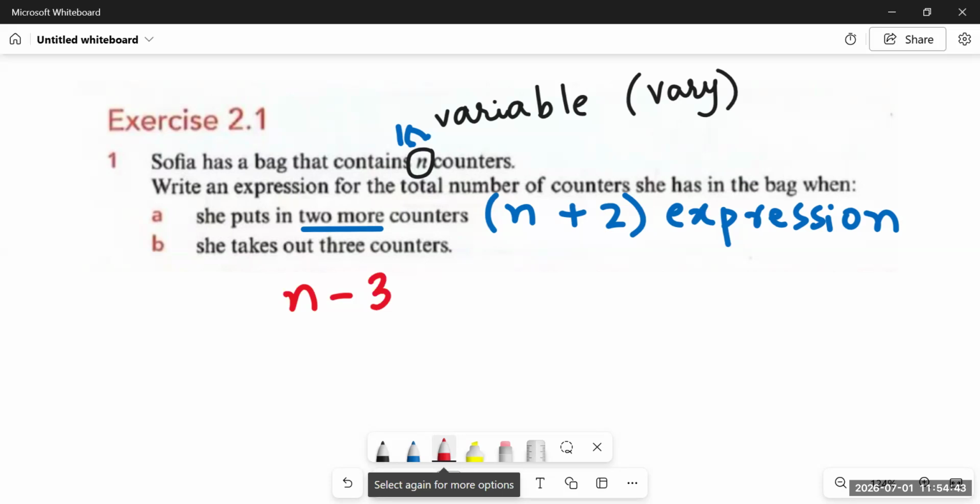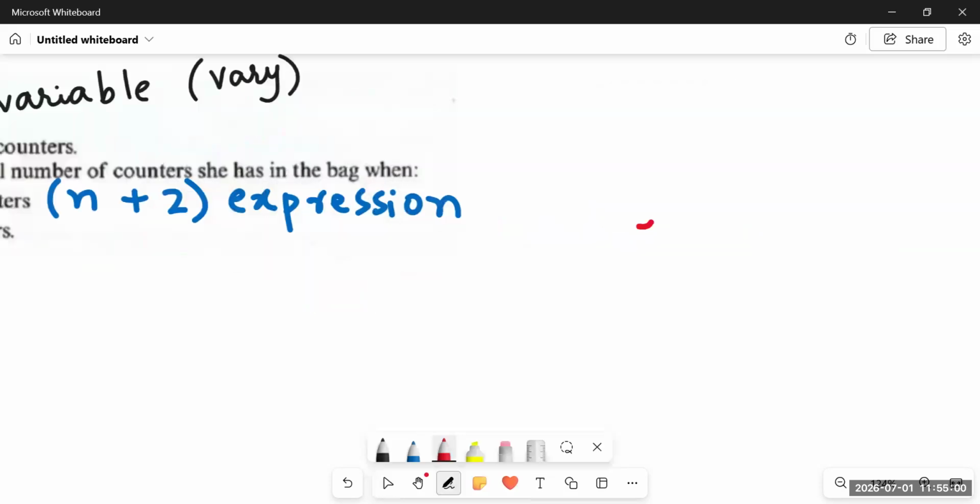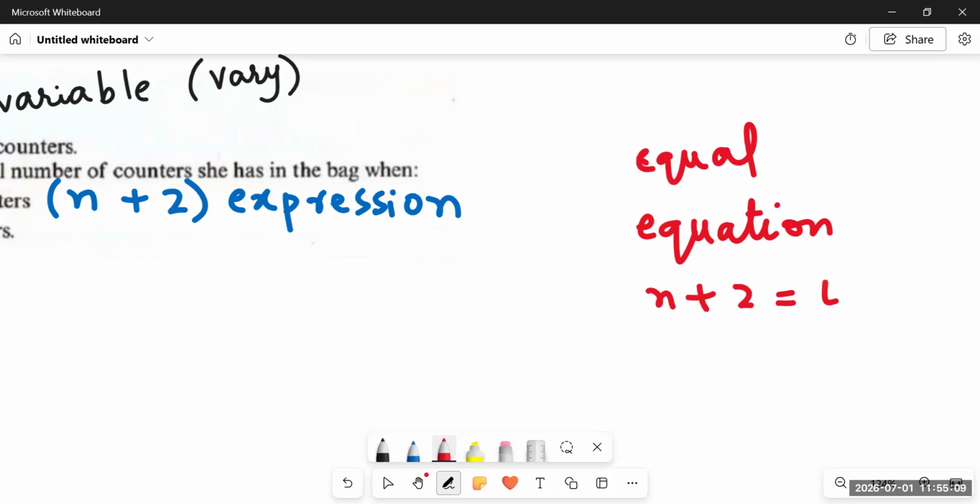As you can see, in both A and B, we have n plus 2 and n minus 3, but no equals sign. And an equation contains numbers and letters and an equals sign, because equation comes from the word equal. So if I say n plus 2 equals 5, this is called an equation. But n plus 2 without an equals sign would be an expression.